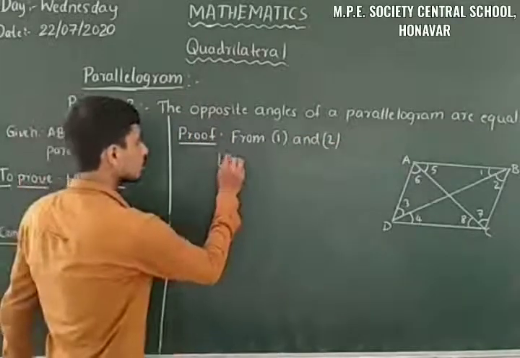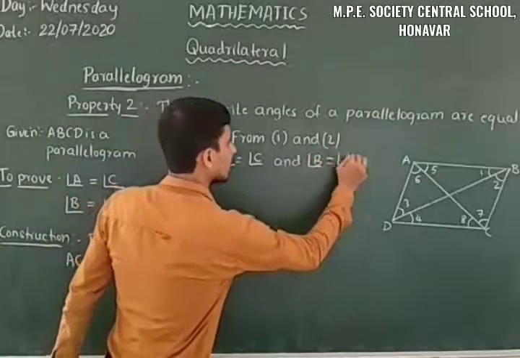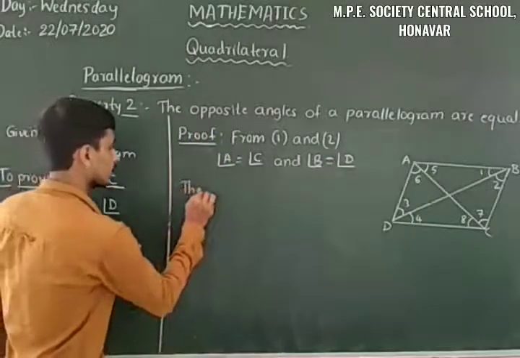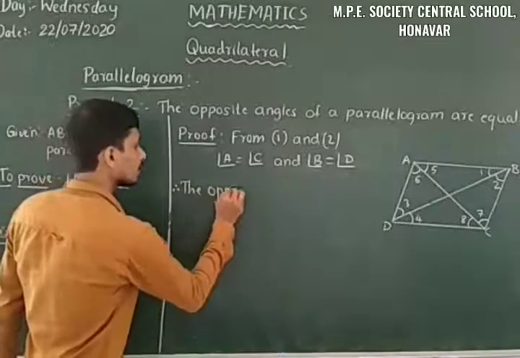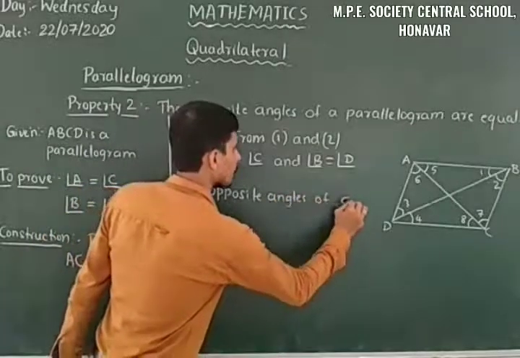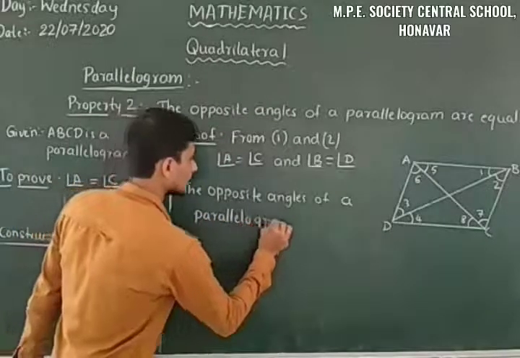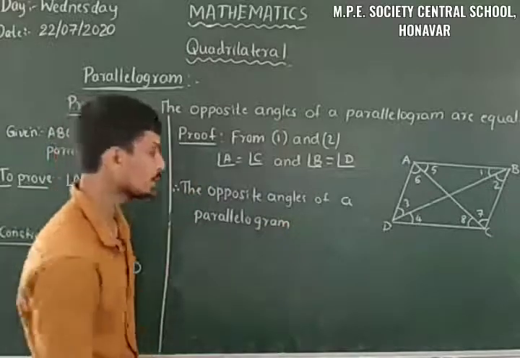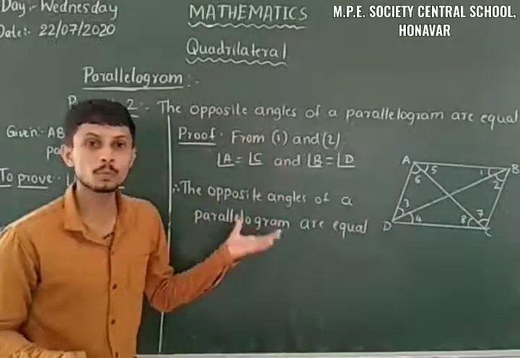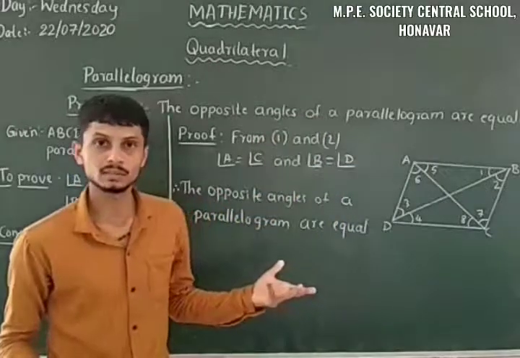Angle A is equal to angle C and angle B is equal to angle D. So that means the opposite angles of a parallelogram are equal. This is the proof of the property that the opposite angles of a parallelogram are equal here.